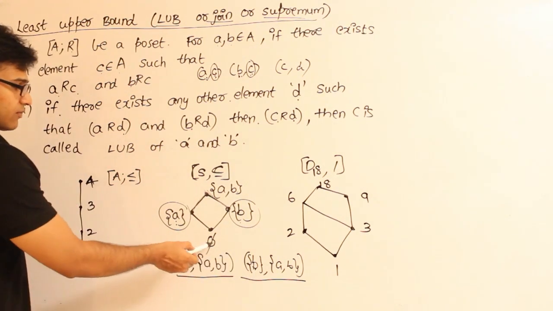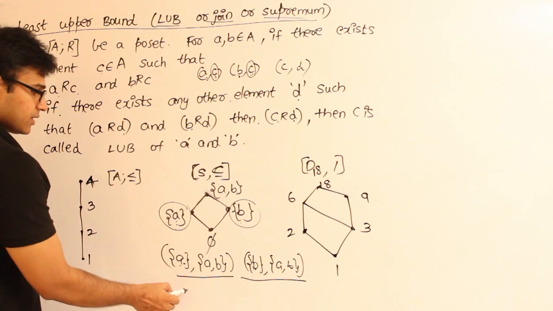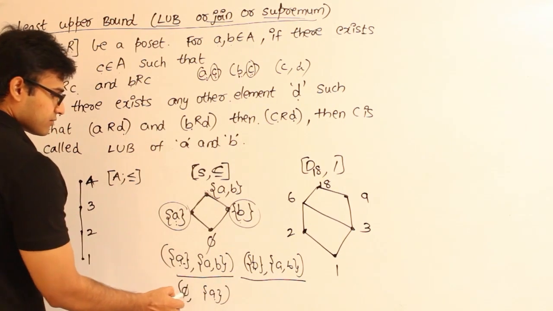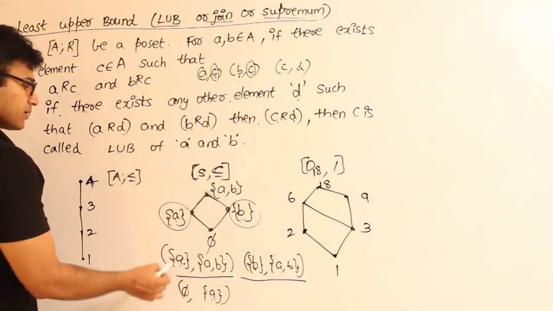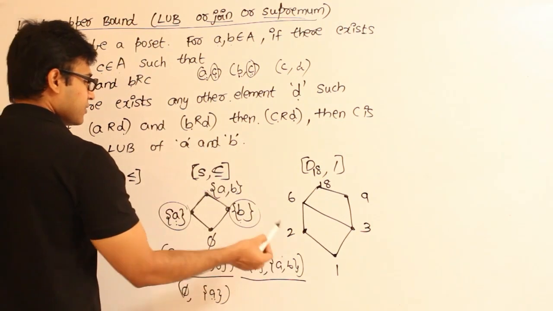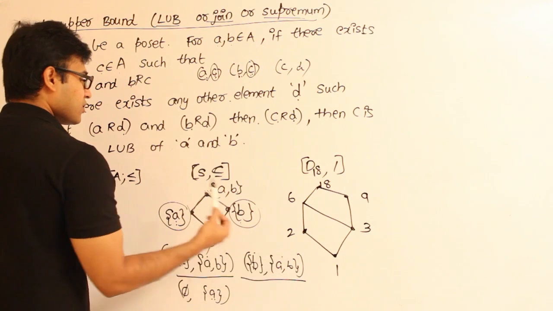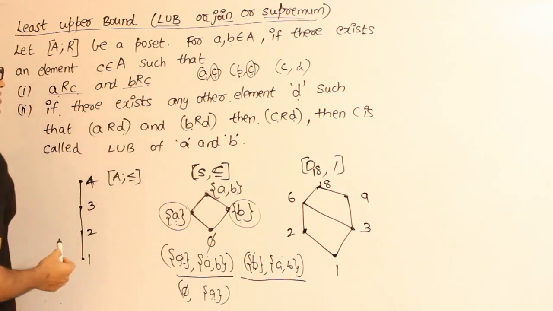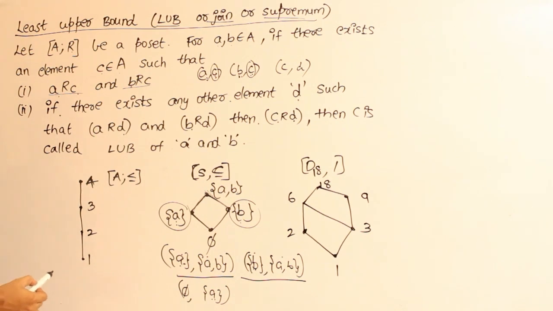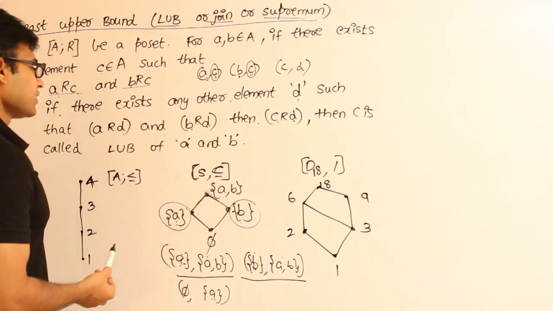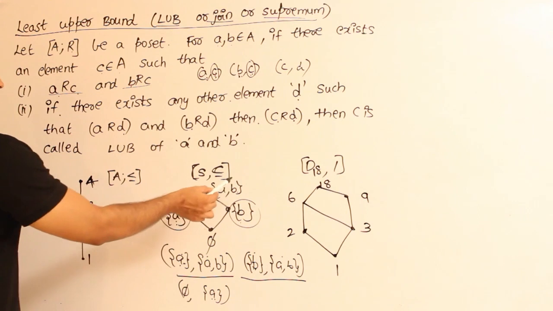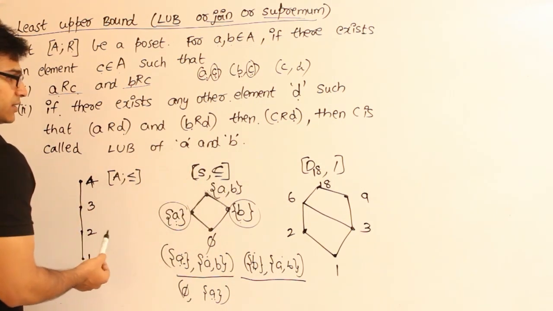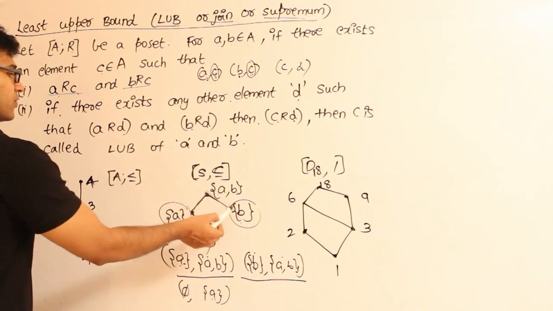So you have phi, but phi will be related like this, which means phi is related to A, but A is not related to phi. But here A is related to AB and B is related to AB. Since both these elements are related to AB, that is where the condition 1 is satisfied. And anyway, condition 2 is not applicable because there is no other element to which they are related. So what can we say? We can say that AB is the least upper bound or join or supremum of A and B.